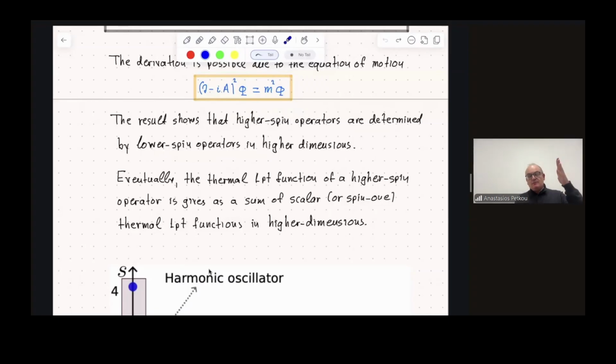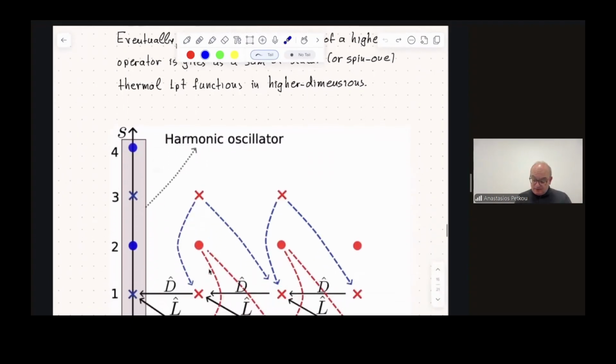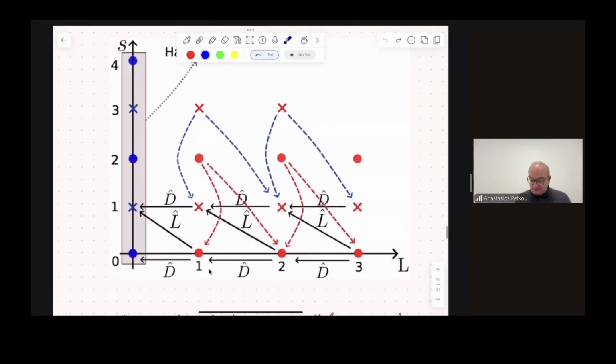So the spectrum in a given dimension of higher spins looks to be related to the spectrum of lower spins, but in higher dimensions. There is a kind of duality between dimensionality and spin. Okay, so that's the picture.